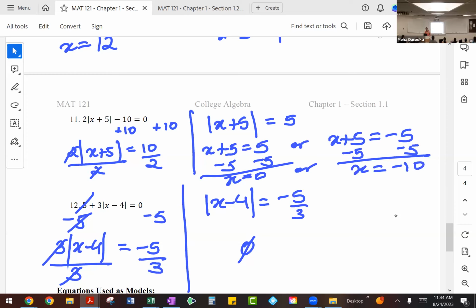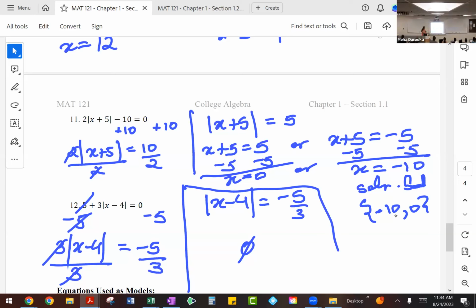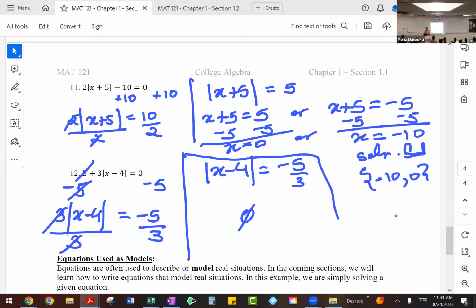So I'm going to write each one of them, the solution would be negative 10 and 0. Just be extra careful as you're working through absolute value equations.